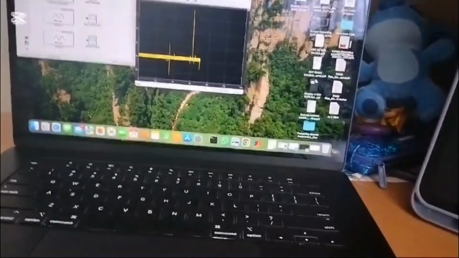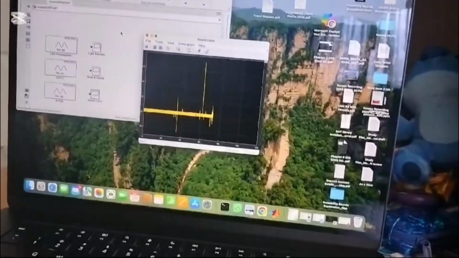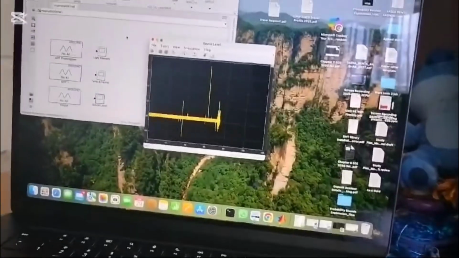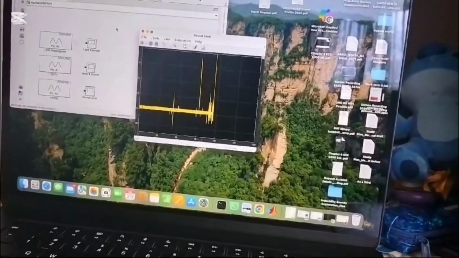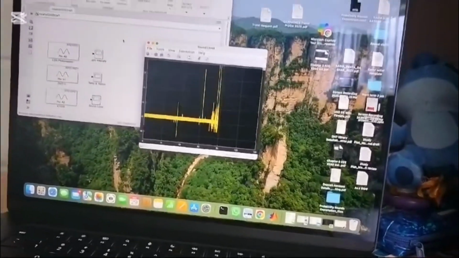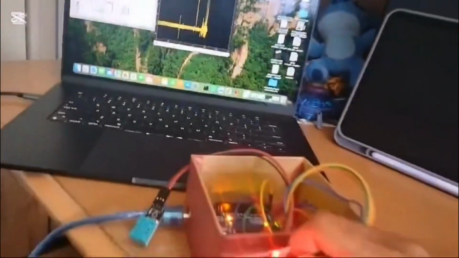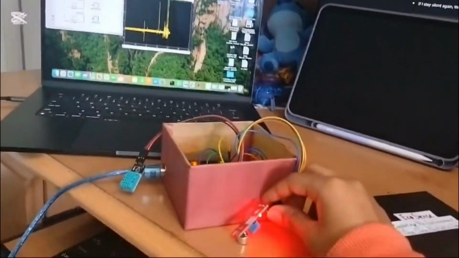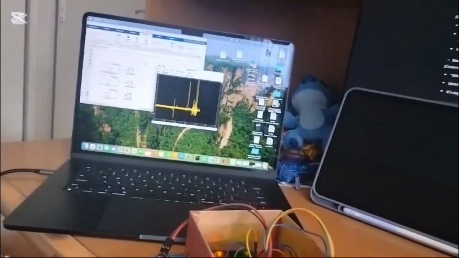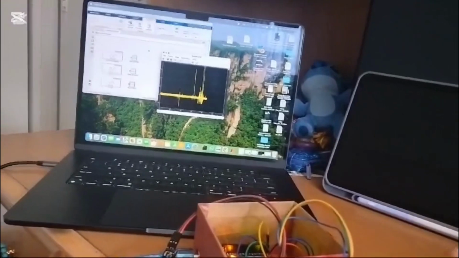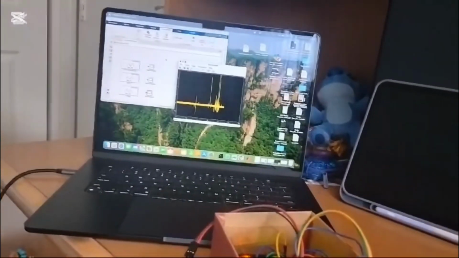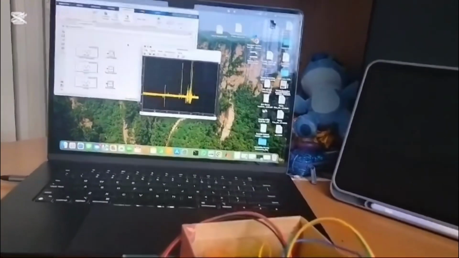And when I speak near the microphone, you can see the rise in the graph as well. And when I keep the microphone back where it was, and I'm not doing anything that would increase the sound level of the room, it goes back to normal.